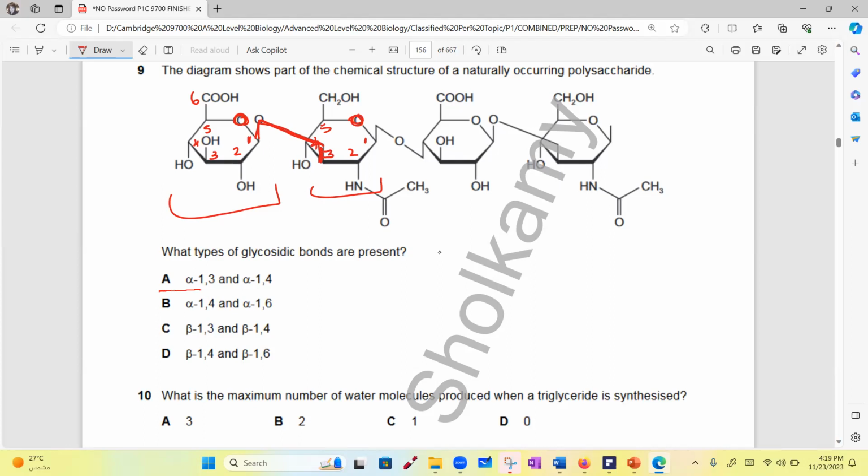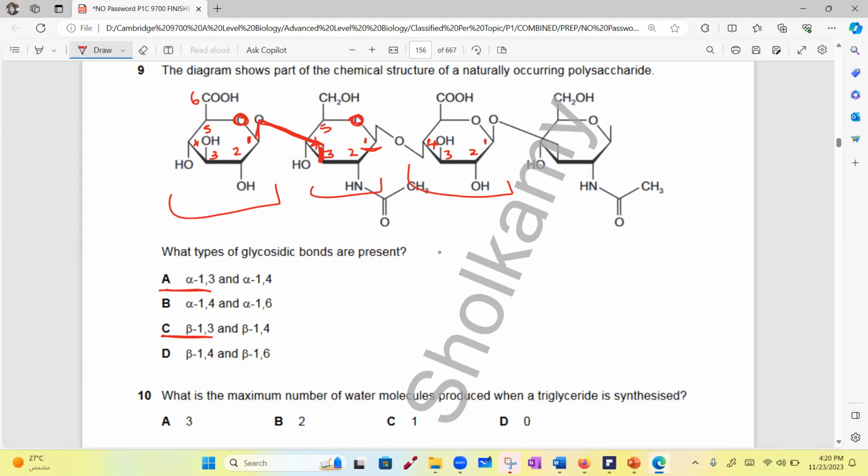So the answer is either A or C. Now look at the second one. This is carbon 1, and look at this ring. This is carbon number how much? 1, 2, 3, and 4. So the second bond is what and what? 1 and 4.